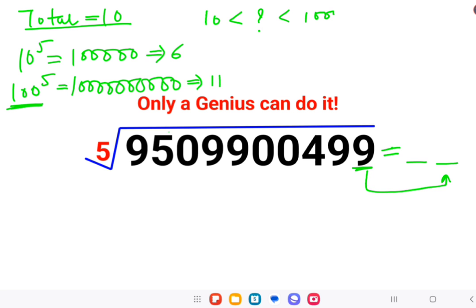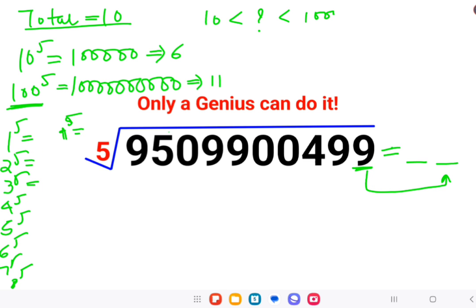Now please understand, whenever you have 1 raised to 5, 2 raised to 5, 3 raised to 5, 4 raised to 5, 5 raised to 5, 6 raised to 5, 7 raised to 5, 8 raised to 5, and then 9 raised to 5, all of these answers end with the number itself.